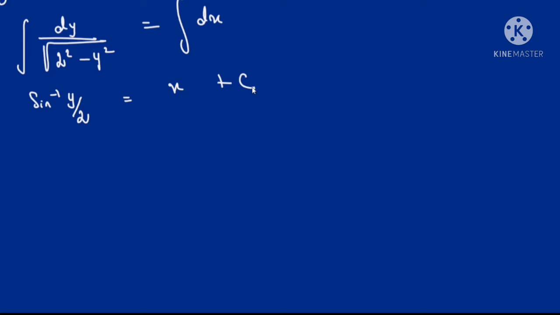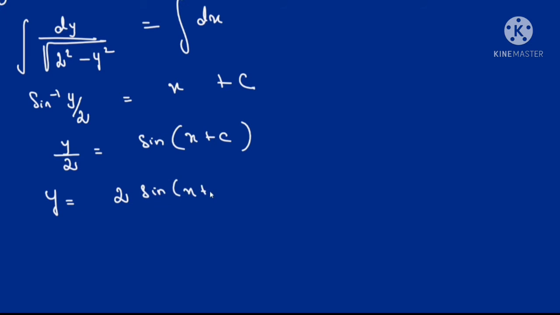So that is the solution. You can simplify this by taking y by 2 is equal to sine of x plus c. So y is equal to 2 times sine of x plus c.